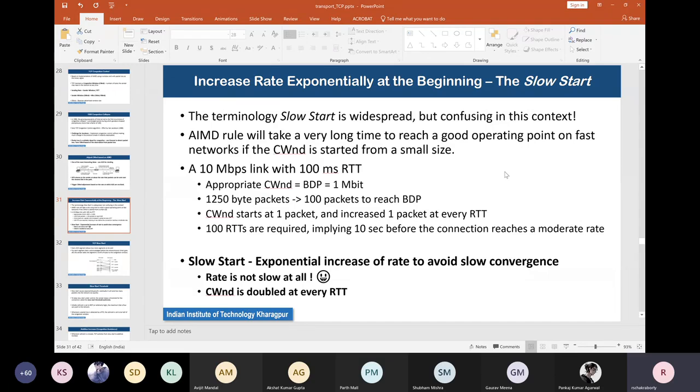Then the approximate CWND is the product of them, the bandwidth delay product, which is 1 megabit. If you assume 1250 byte packets, chosen to make the calculations simple, it will be approximately 100 packets.